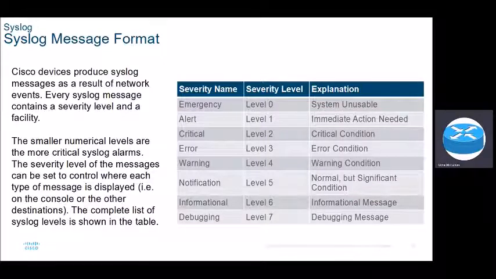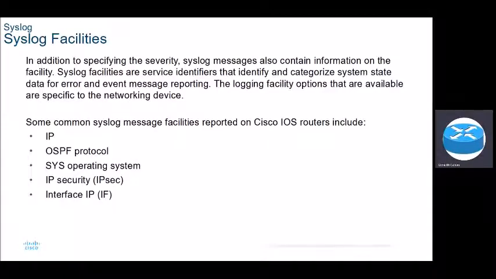Many people go for either level 6 or 5 or maybe 4, so that's normally the level you go to. I've got to admit, I normally go 5 if I'm doing anything, but anyway. Informational and debugging are often just too much. If you've got lots of devices, you don't want to be doing that.